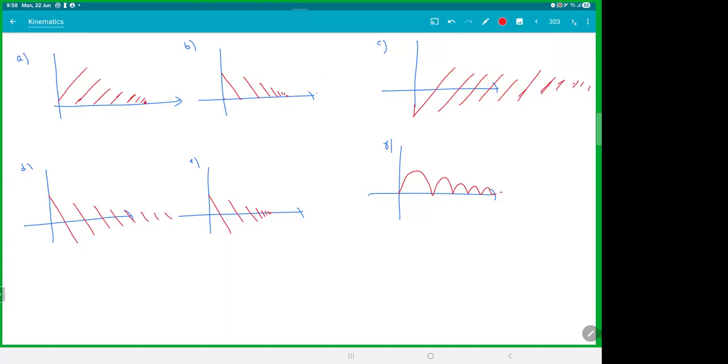What do you guys think? D's graph is going till infinity. E's graph is ending somewhere here. I'm telling you how to guess, basically.